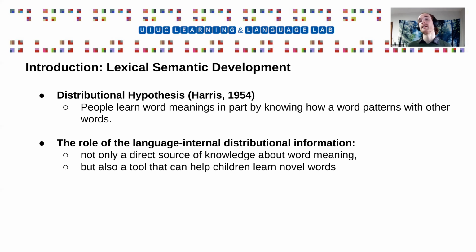So these are actually very different applications of the distributional statistics in language. One, to directly help construct meaning, where you use distributional information directly and incorporate it into some semantic memory or lexicon. But what I'm going to be doing is to just use it as it is, not to move it into some semantic lexicon, but to use it to extend what's already in the semantic memory, right? To help learn novel words.